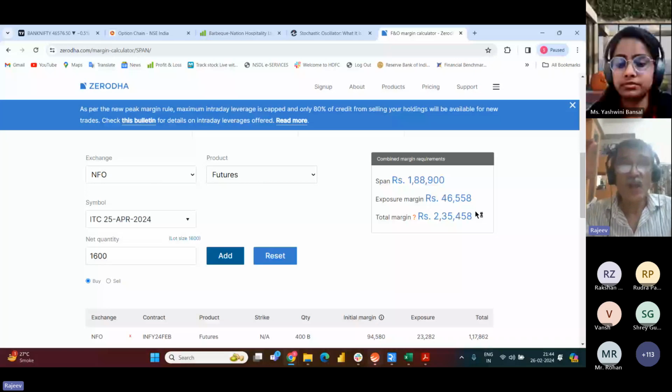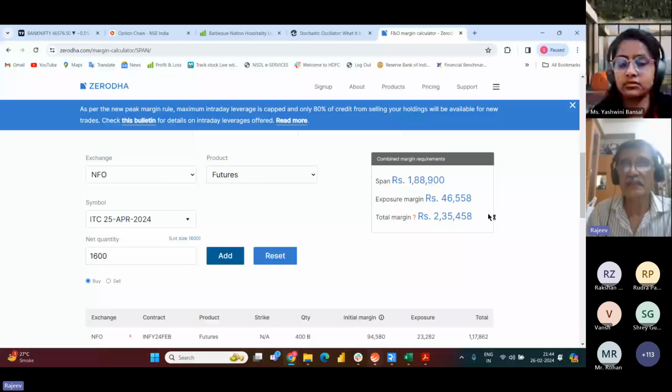In order to determine the lot size, quite many times this margin is used, because this margin will determine how much position, in terms of volume of the stock, you can take for that particular stock.